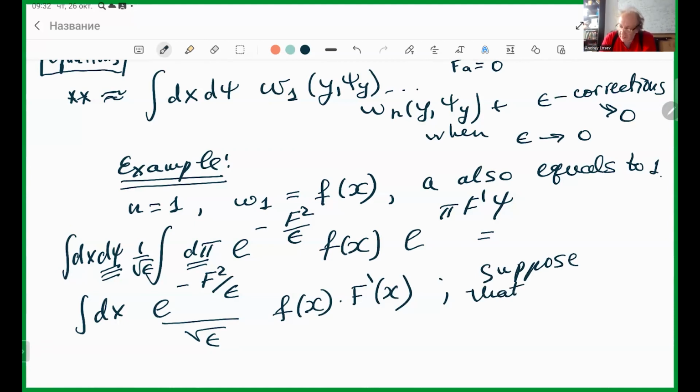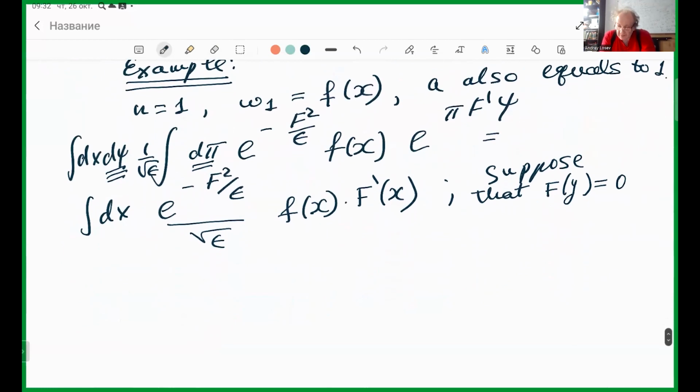Suppose that f of x0, I called it y. Then what do I have here?